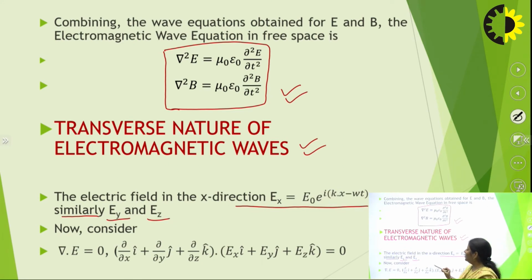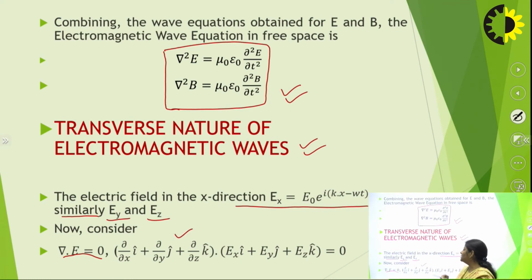All right. Now what happens? Now we start with Maxwell's first equation, which is what? Which is divergence of E equals 0. So we start with Maxwell's first equation, and the divergence operator we are using here. So divergence means del by del x of i plus del by del y of j plus del by del z of k.